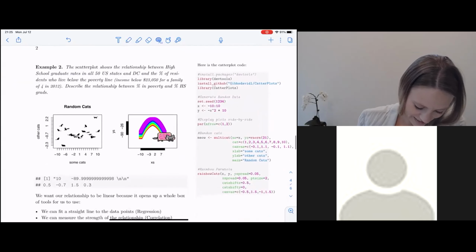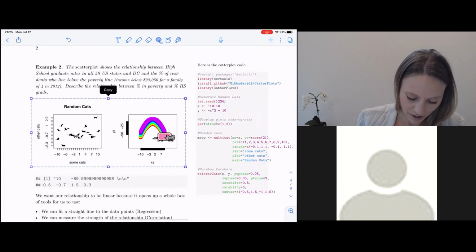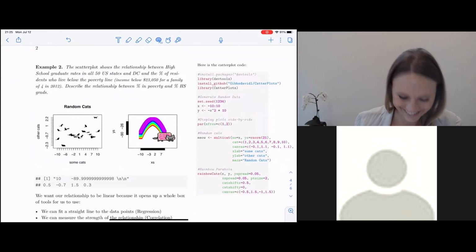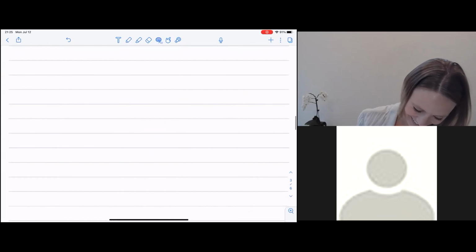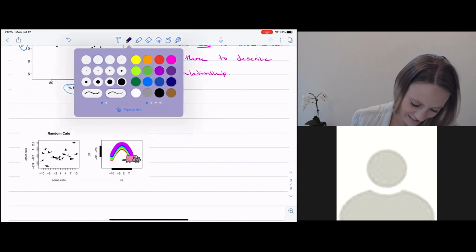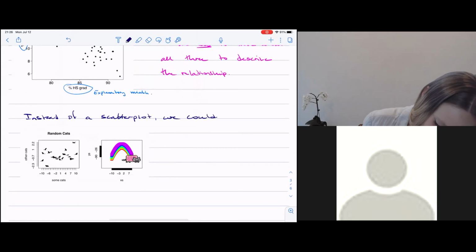Oh yeah, I forgot I had this. So instead of a scatter plot, we could make a catter plot.